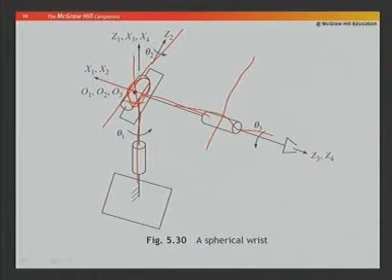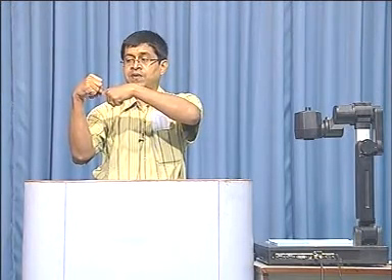So, concentrate on this arm. I have a vertical axis, that means this one is my vertical axis, right. Then I have this one, which is about this axis perpendicular to the vertical axis, right, and then I have this one. If you keep it in this position, the first axis and the third axis are parallel.